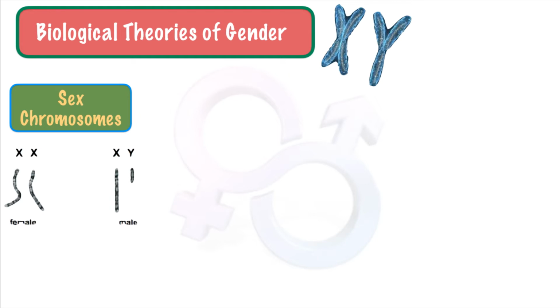A single Y carries condition genes that are not corrected by a second Y, whereas having 2 X's, you're more likely to have one that overrides a conditioned gene. You can find this on page 37, Exploring Gendered Lives, for chromosomal variations.